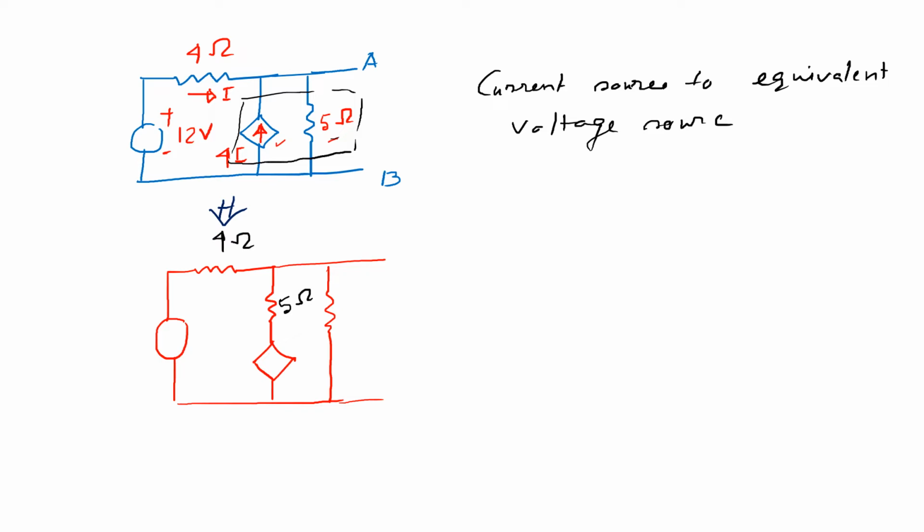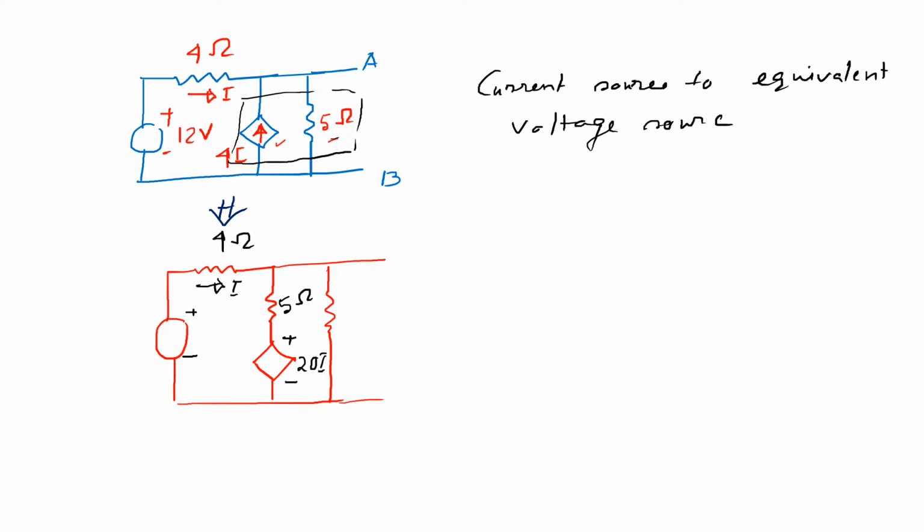And what is the magnitude of this voltage source? That should be I into R, that is 4I into 5. This is the magnitude of voltage, that is 20I, and that magnitude of the voltage is dependent on the current flowing through this 4 ohm resistance.